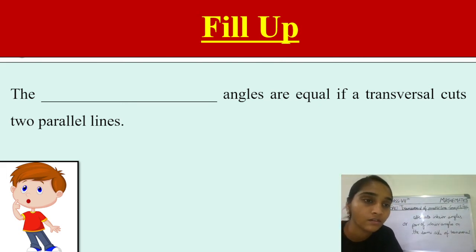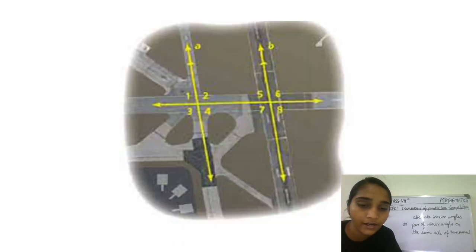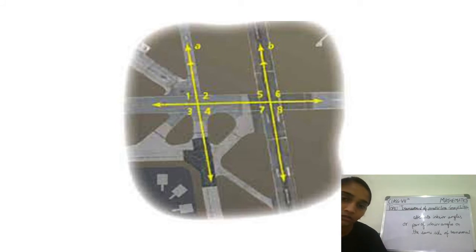Okay, very good. Now students, let me show you another image. What do you identify over here? Yes, you must be saying that there is a transversal of the two parallel lines which are A and B, right? A and B are the two parallel lines and one is the transversal.